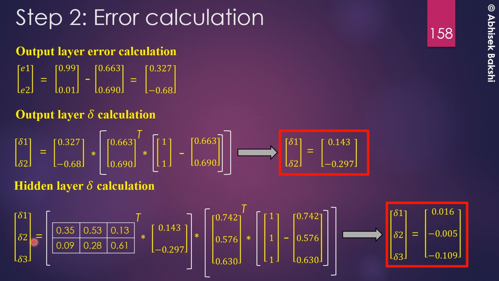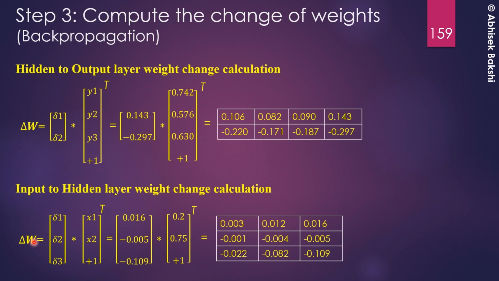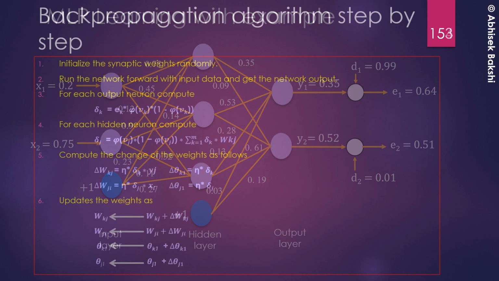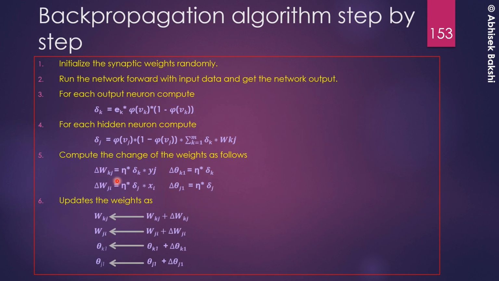Once this delta is calculated, it becomes very easy, because we have to find delta W, for the hidden to output layer weights and also the input to hidden layer weights. Once the delta of the hidden layer and the delta of the output layer are calculated, you can go back to the equation: delta W kj equals eta multiplied by delta k multiplied by Yj.